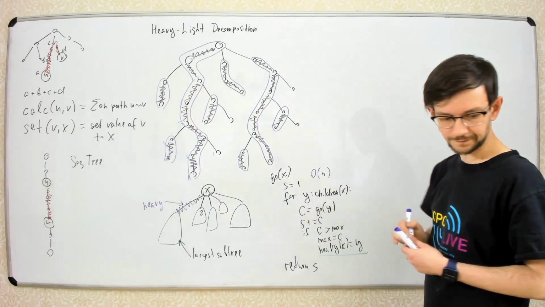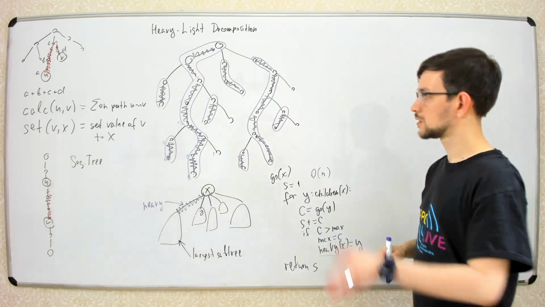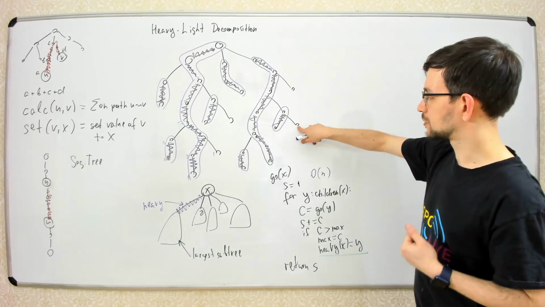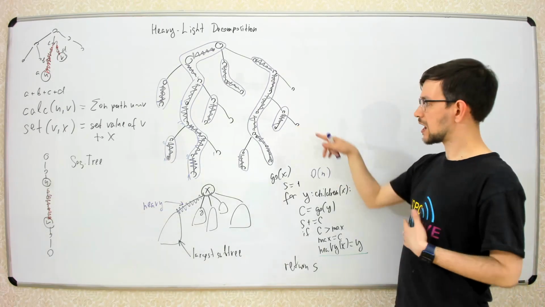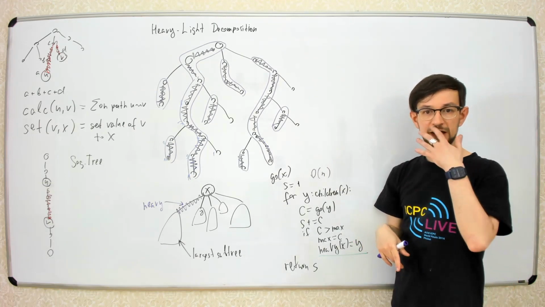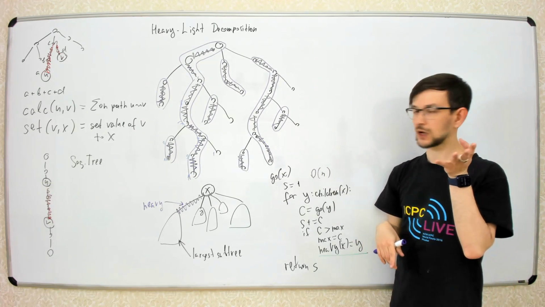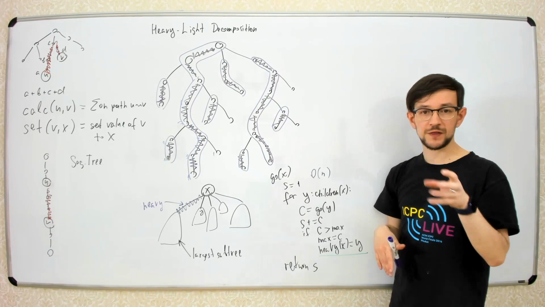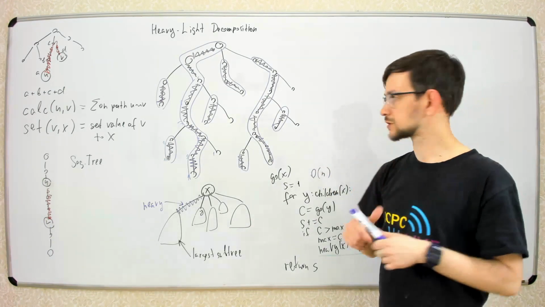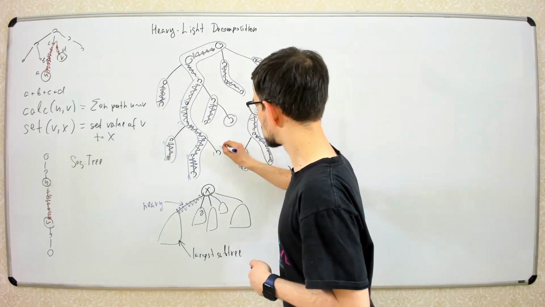Like this. So you have some heavy paths. Also, you have some single vertices like this. We'll say that every vertex like this, which is a leaf and doesn't have any heavy edge, we'll just say that it's a heavy path of size 1, a heavy path of a single vertex. So these are small heavy paths.